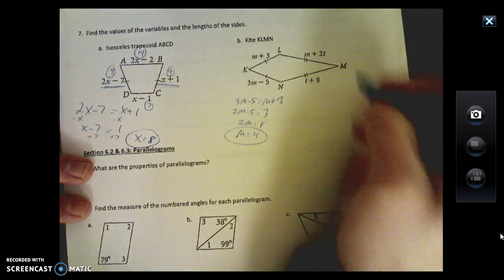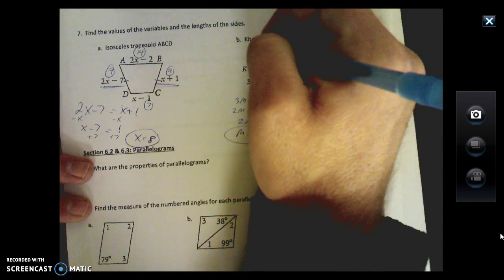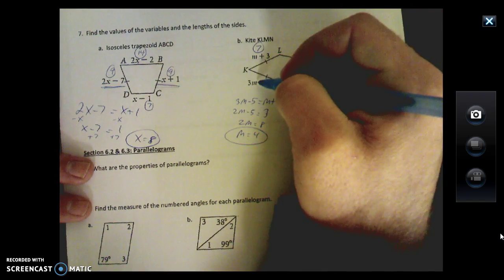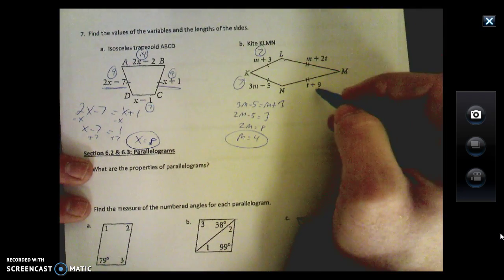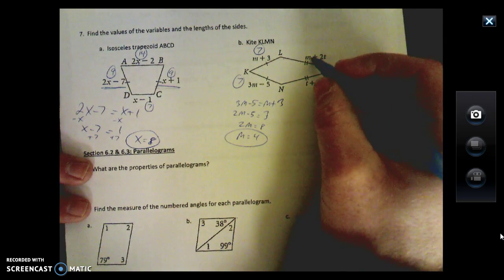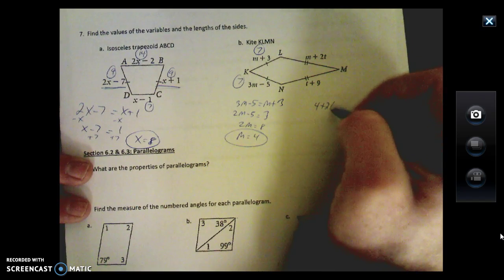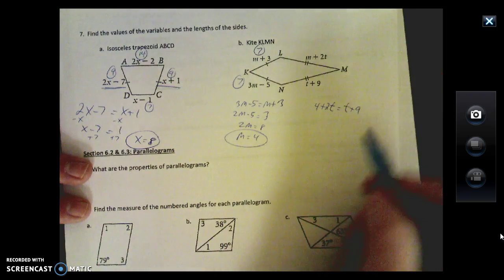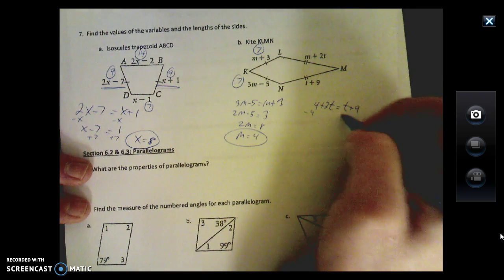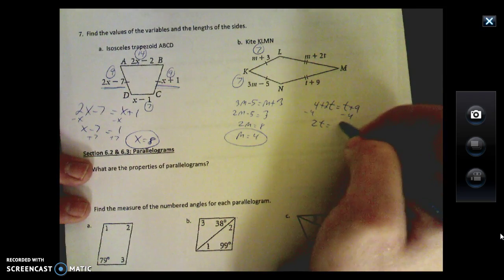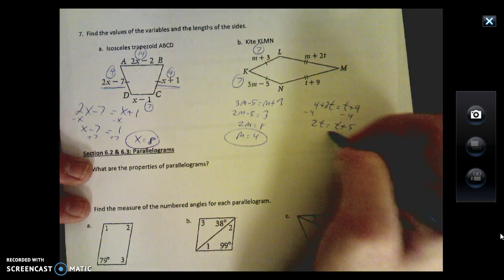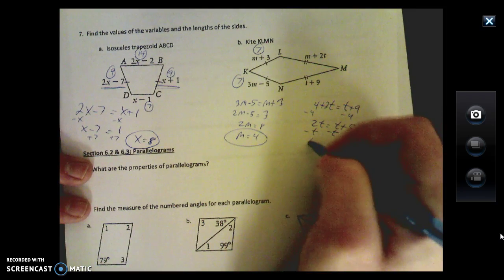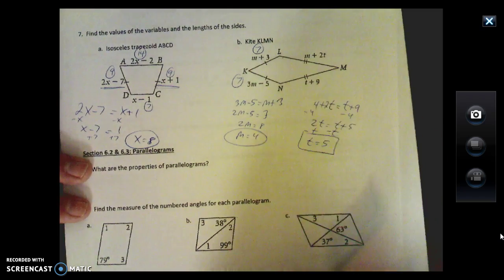Well, now I can plug everything back in. 4 plus 3 is 7. 3 times 4 is 12, minus 5 is 7. Over here, if I plug in m, I got 4 plus 2t equals t plus 9. I can subtract 4 over. 2t equals t plus 5. Subtract t, t equals 5.